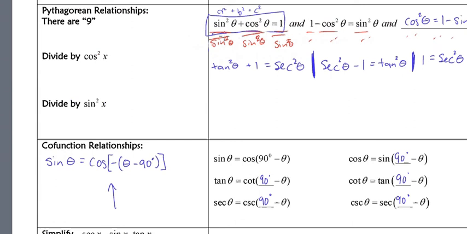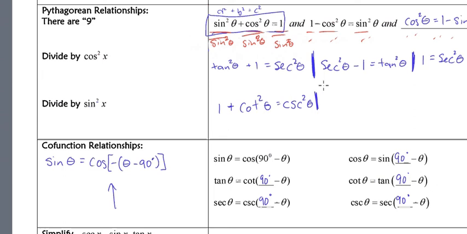So sine squared divided by sine squared is going to be 1 plus, now cosine divided by sine, well, that's the reciprocal of tangent, that's cotangent. So cotangent of theta squared equals, and then 1 divided by sine, that's cosecant. So cosecant of theta squared.